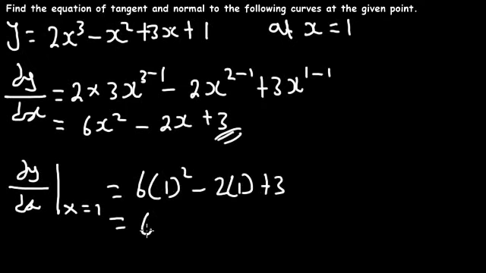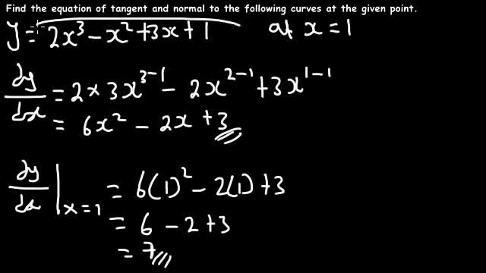That gives us 6 minus 2 plus 3, and minus 2 plus 3 gives us plus 1. Adding it to 6, we have 7. So therefore, the slope of the tangent line to this curve at x equals 1 is simply equal to 7. And I'm going to represent that with m.